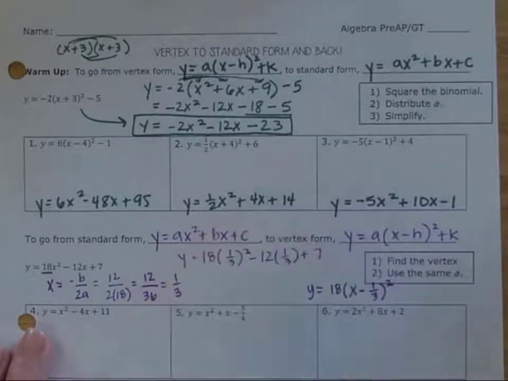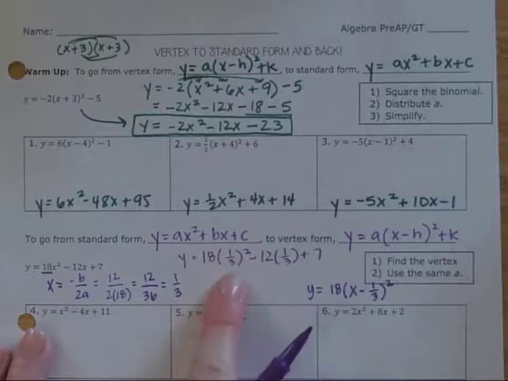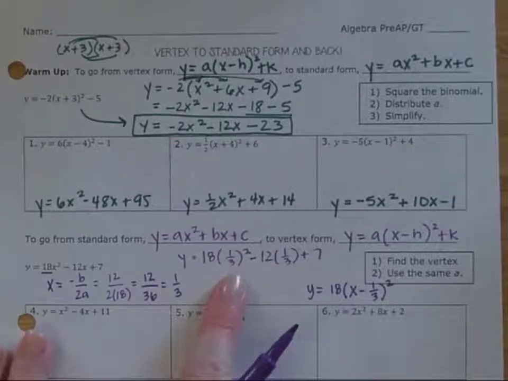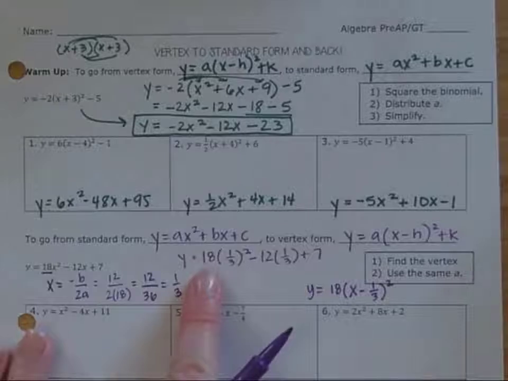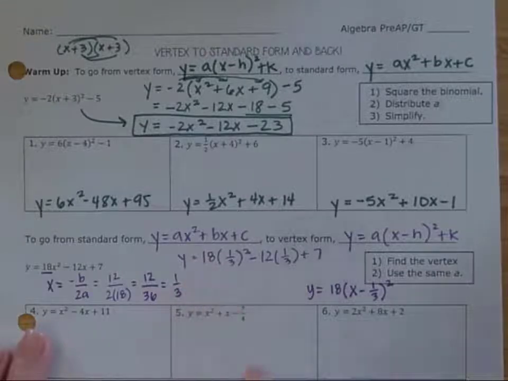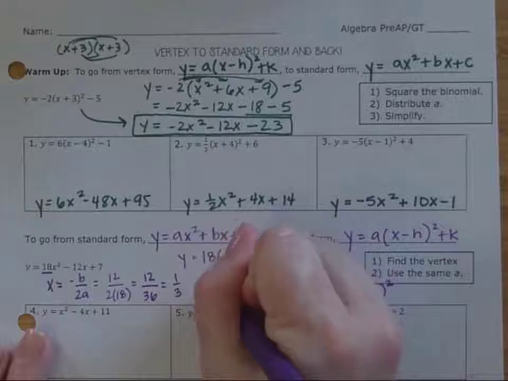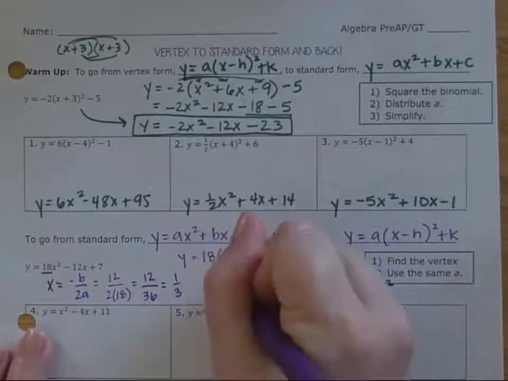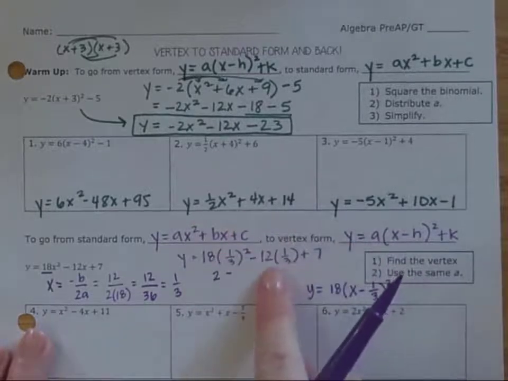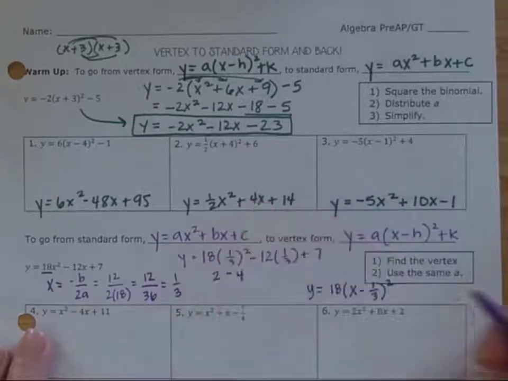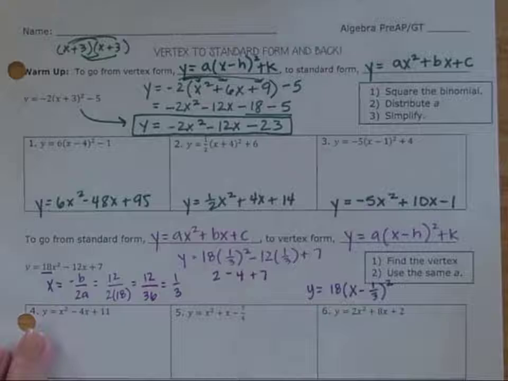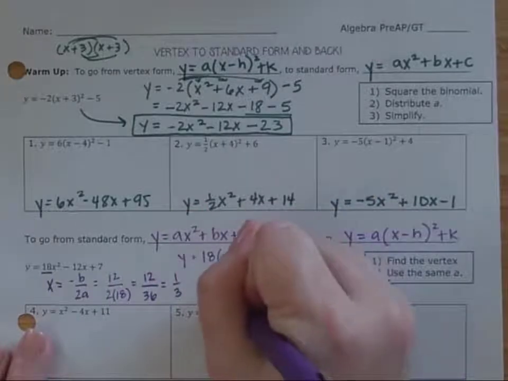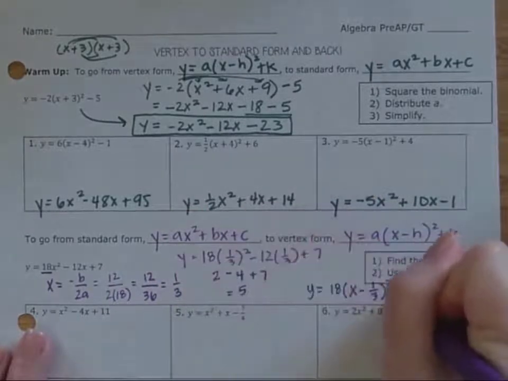That's going to give me my y value. 1/3 squared is 1/9, because 1/3 times 1/3. 1/9 of 18 is 2, minus 1/3 of 12 is 4, plus 7, so 9 minus 4 is 5. So my y value is 5.